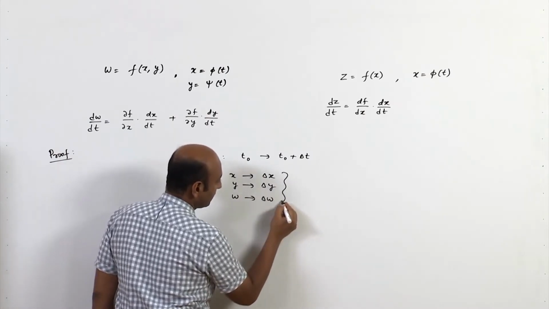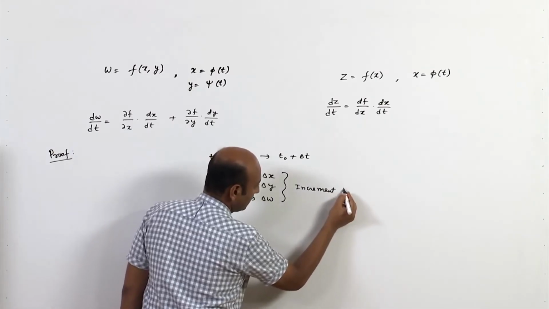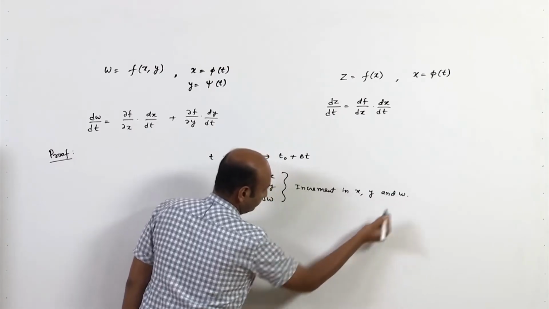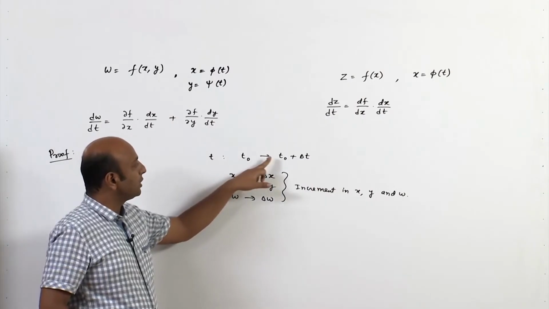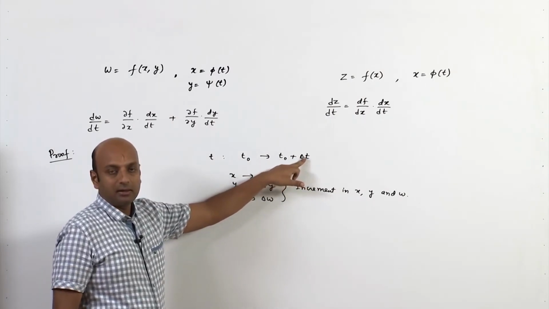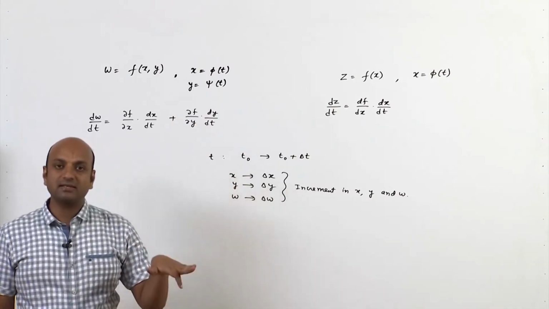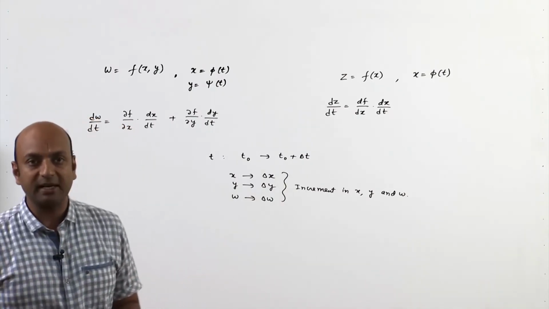This is an increment in x, y and w. Because t is changing from t naught to t naught plus delta t, there is a change of delta t in the variable t. The corresponding changes in x, y and w are delta x, delta y and delta w respectively.